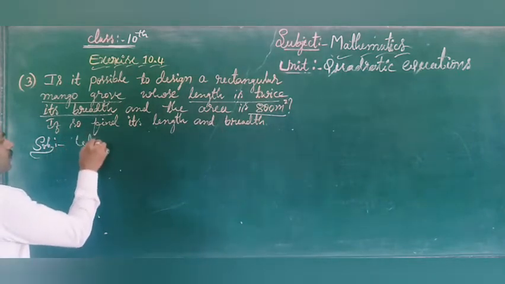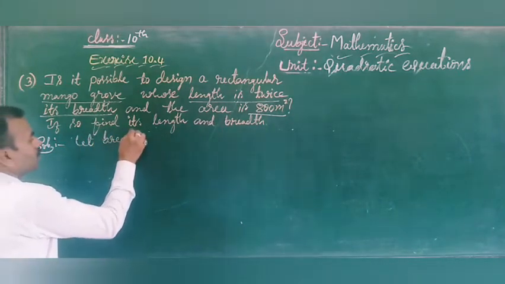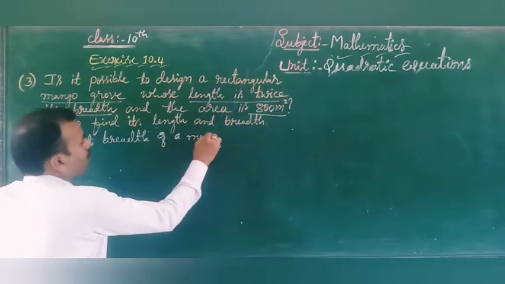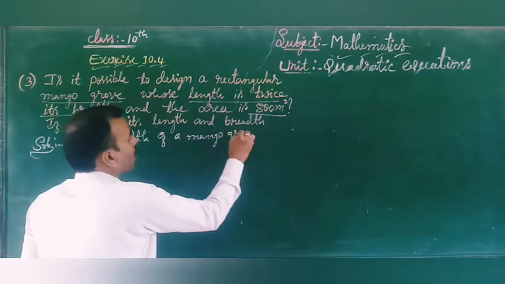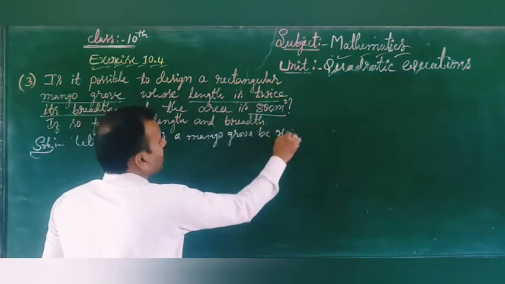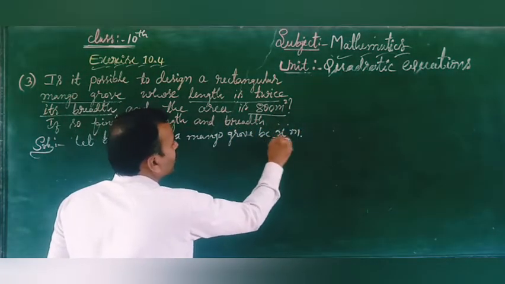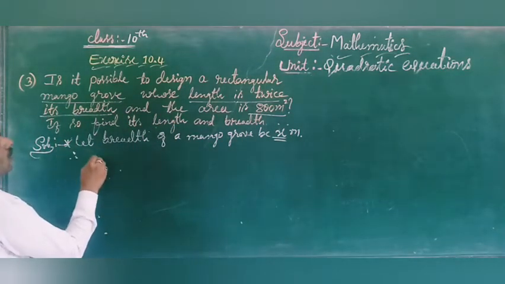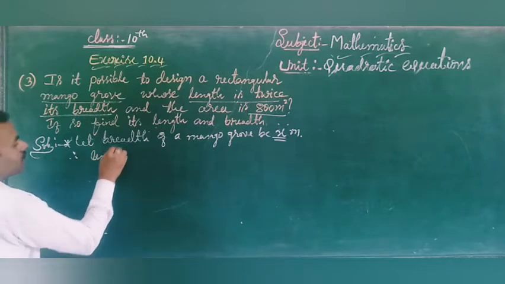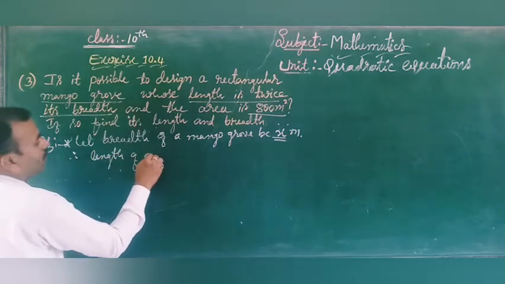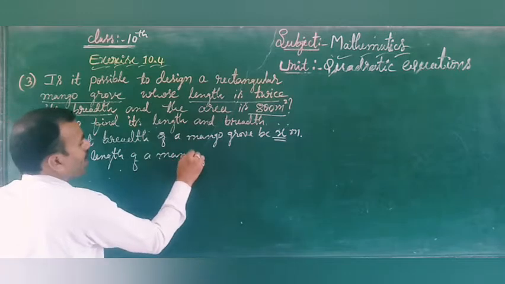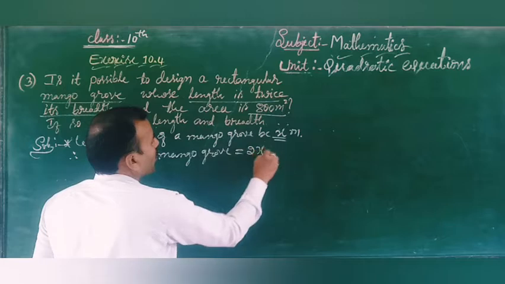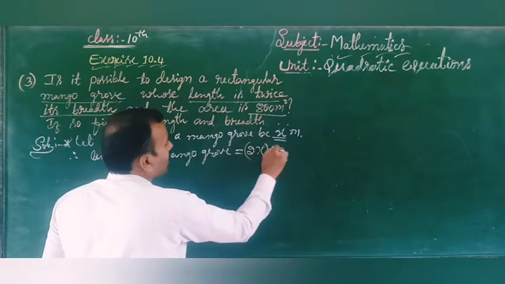Let the breadth of the mango grove be x meters. Therefore, the length of the mango grove equals 2x meters.